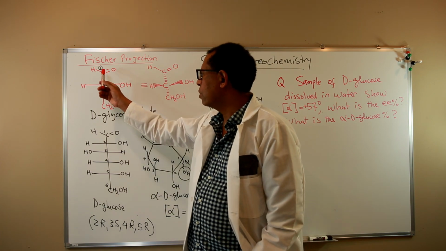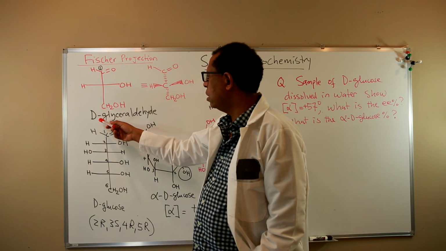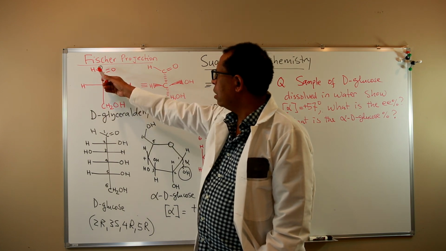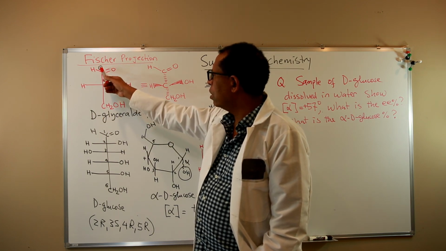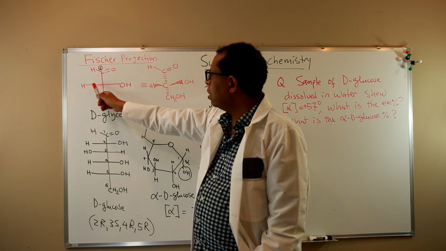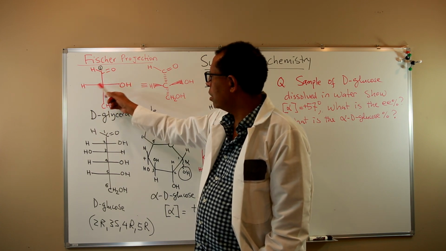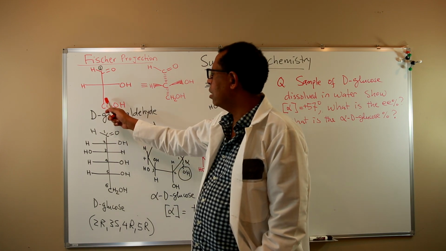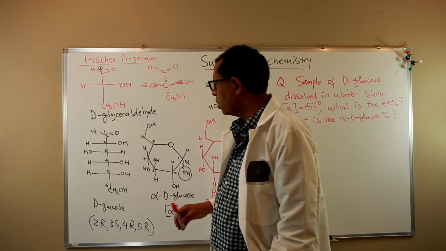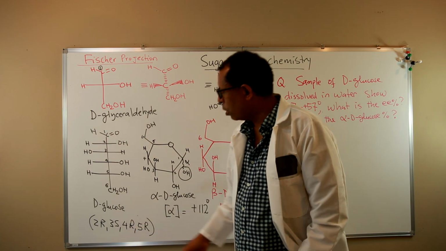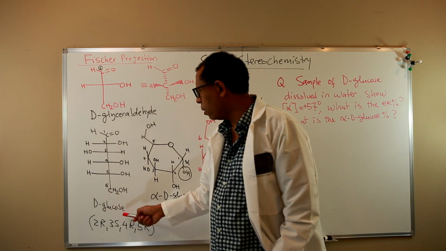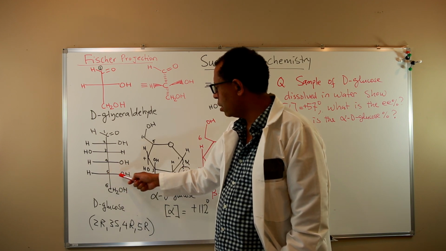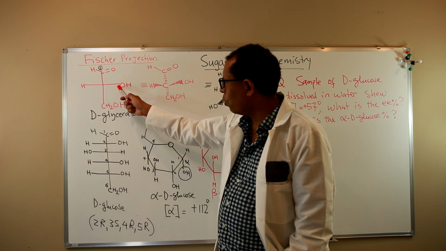It starts from the simplest molecule, D-glyceraldehyde, where you have the aldehyde portion as carbon 1, CHOH in the middle, and OH to the right, which is the alcohol form. If you were to draw D-glucose, the D refers to the 5 position, where the OH is the same as that one.